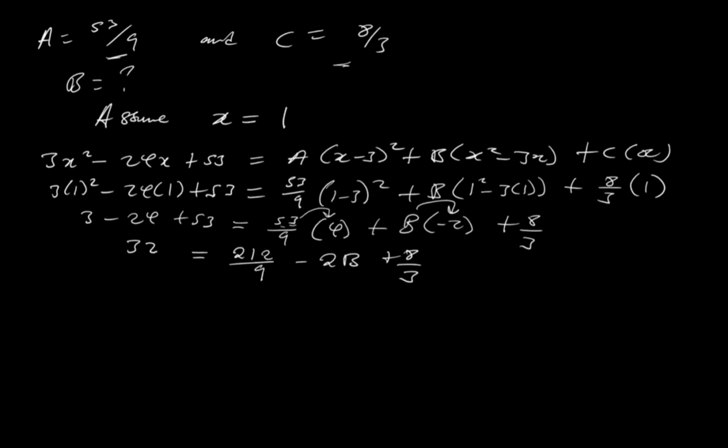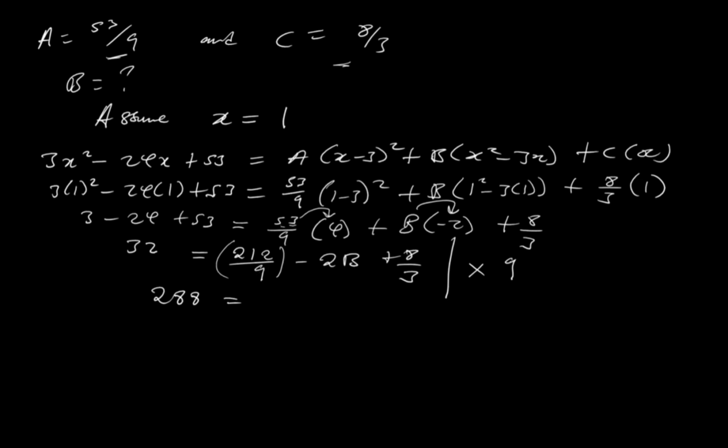Alright, so all you have to do now is simply make b the subject in this case. You can make it easier to understand by multiplying everything by 9, so that you can just have one thing. So 32 times 9 gives you 288, which is equal to 9 times this part here, then 9 cancels out with that 9 there, isn't it?